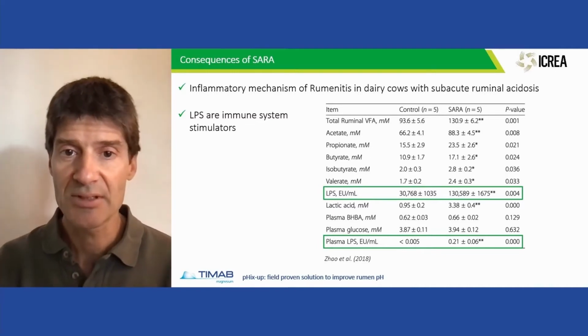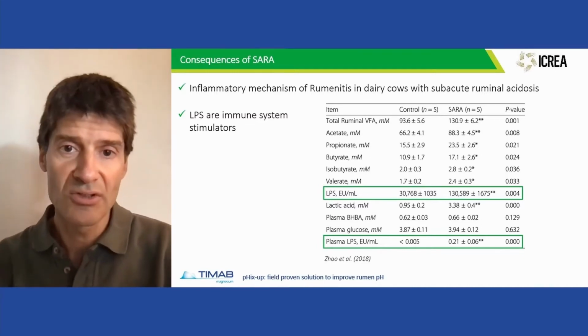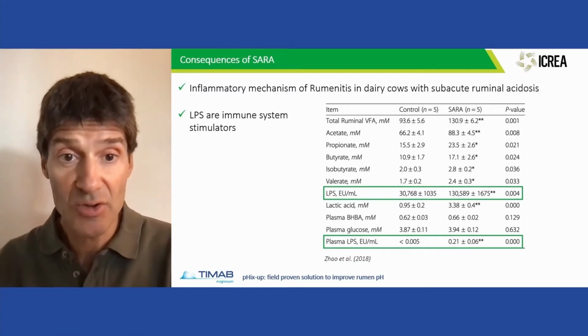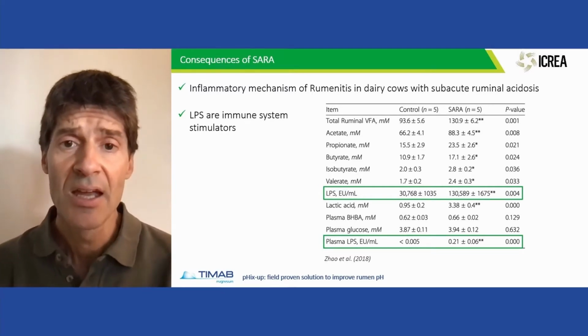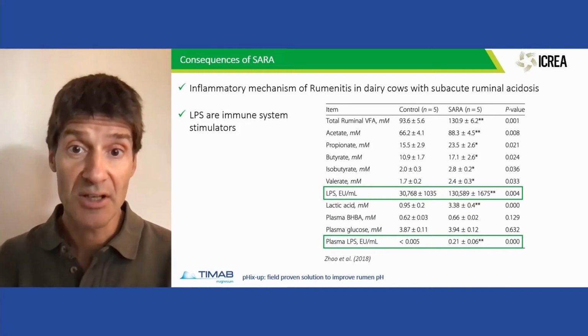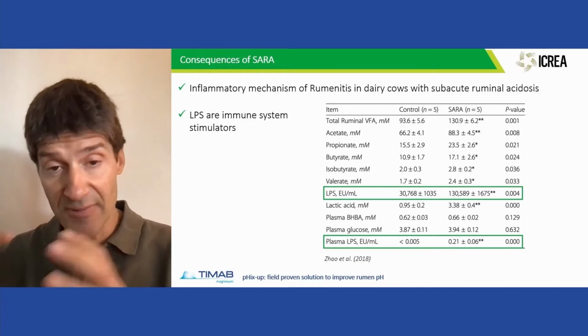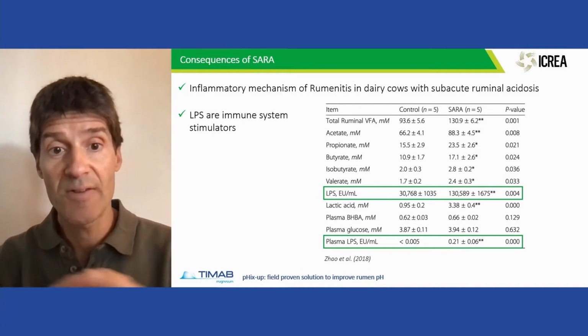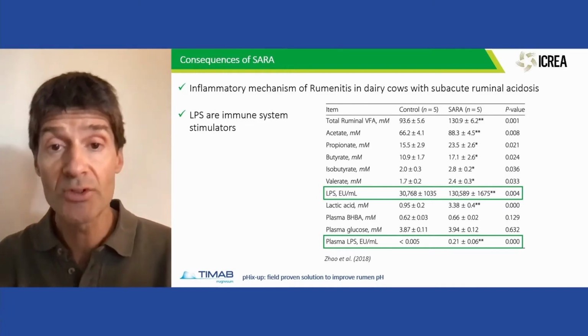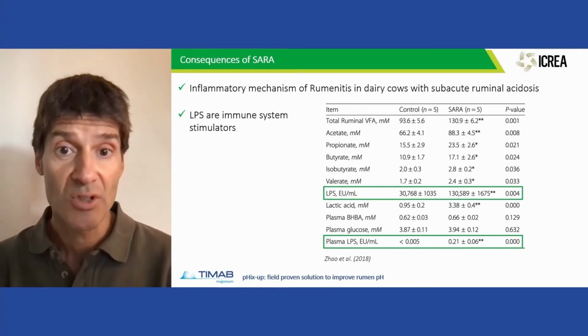That's what you can see in this slide. We're comparing animals under normal conditions in rumen pH and animals under SARA, Sub Acute Ruminal Acidosis. And you can see that there's an accumulation both in the rumen and in the blood of the animal. So it has an effect locally on the rumen, but also an effect on the entire host of that concentration of LPS.